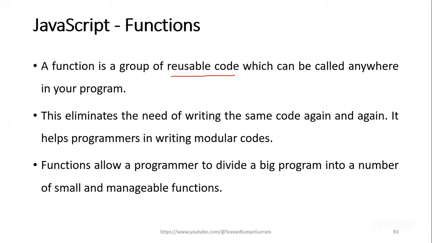Depending on the language, that may differ. Suppose in Python, if you want to create a block, we use spaces only. But in C, C++, Java, JavaScript also, we use curly braces to create a block. Then after creating a function, you can call it from anywhere in the program and any number of times also.